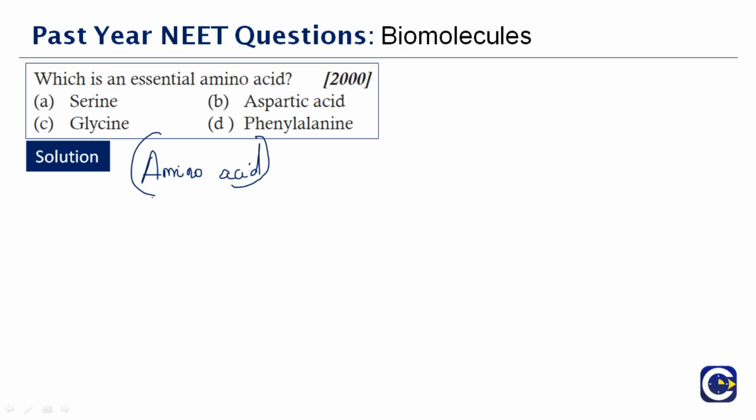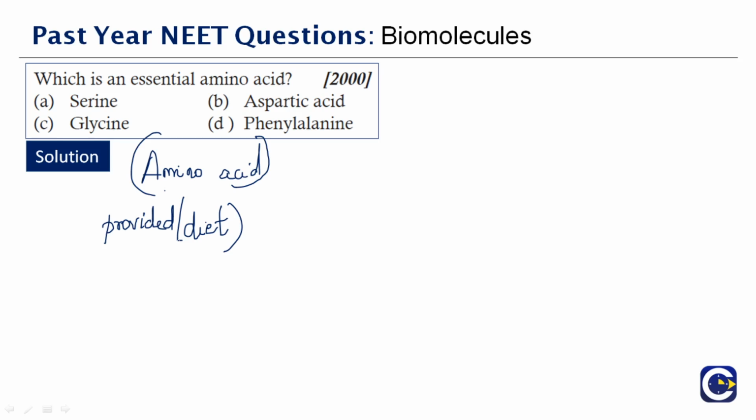Essential amino acids are those which cannot be synthesized in the body. So when you say essential, it has to be provided by the food or diet that we take, from an outside source. It will not be synthesized by the body from precursors; we do not have any precursors for that activity.